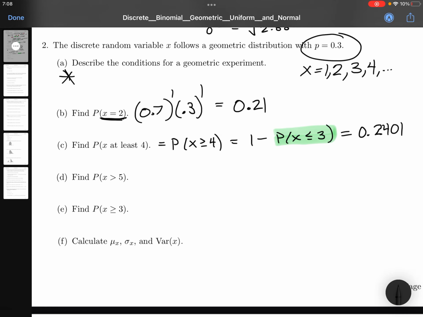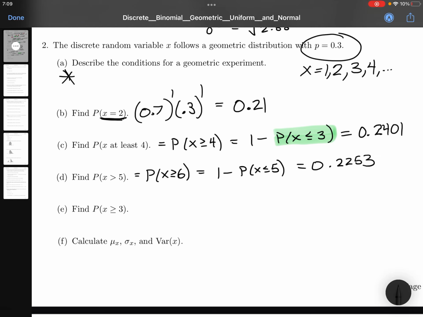We do this distribution with the 1 minus, and I believe we get 0.2401. Probability that x is greater than 5 really means probability that x is at least 6, or 1 minus the probability that x is less than or equal to 5. I think here we get 0.2253.